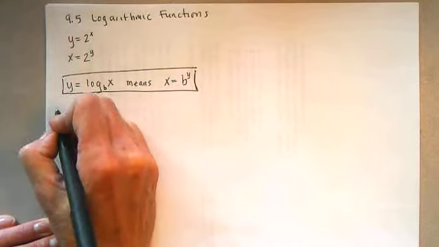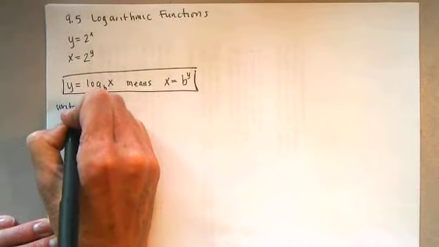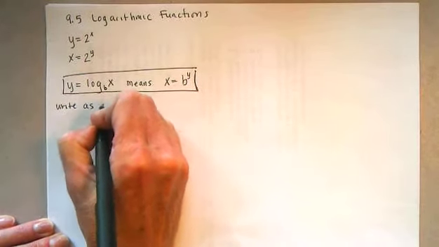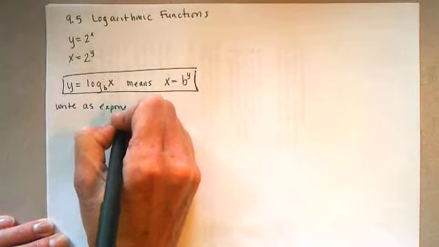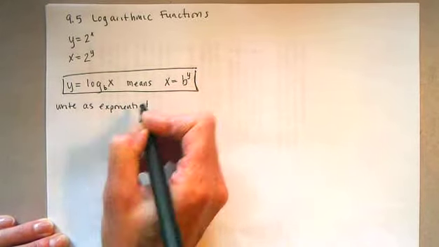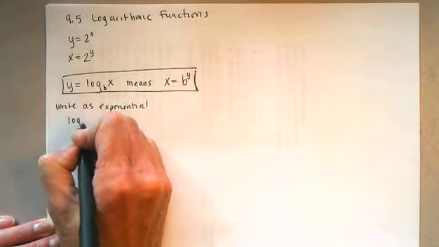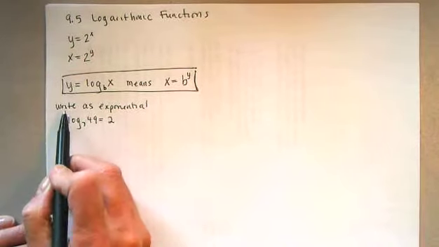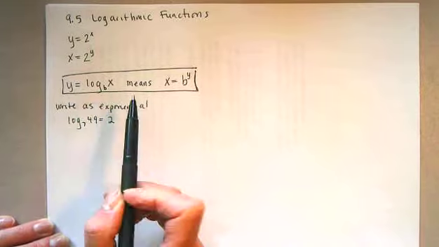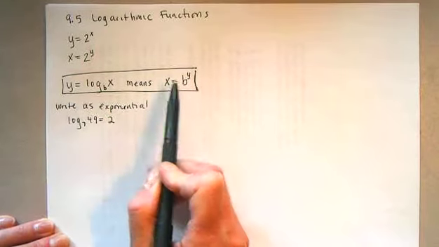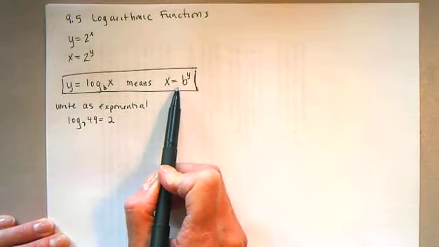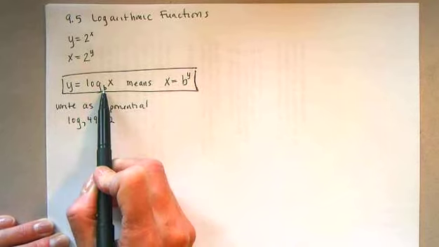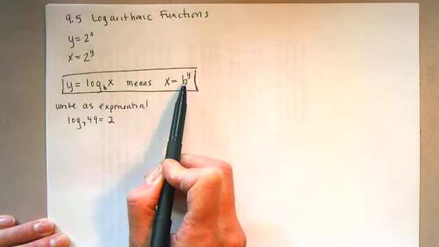So the first thing that the homework asks you to do is write something as exponential. It's going to give you a log. So if I said that the log base 7 of 49 is 2, and I want you to write it as an exponential, remember that the base of the log is now the base of the exponent.